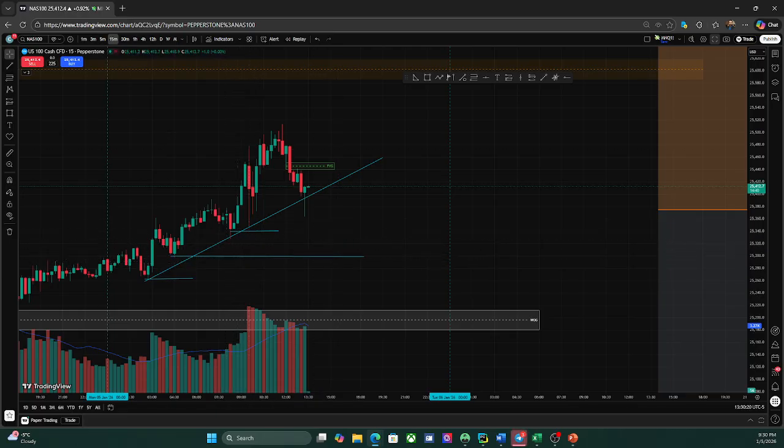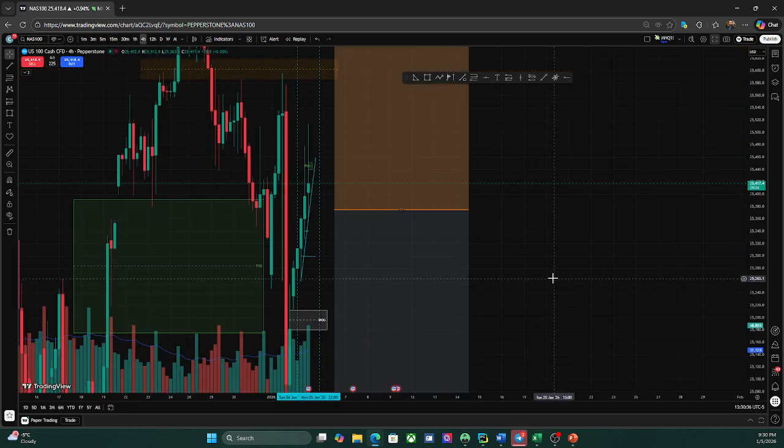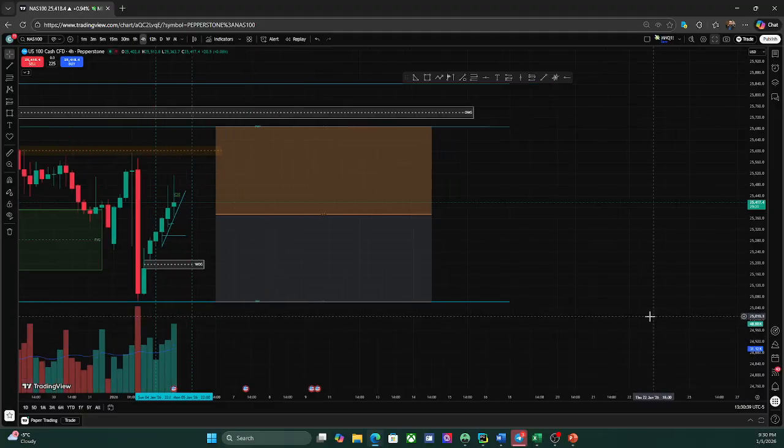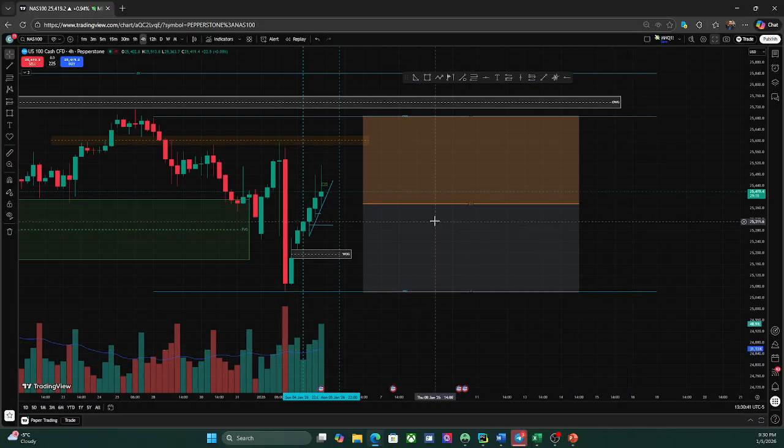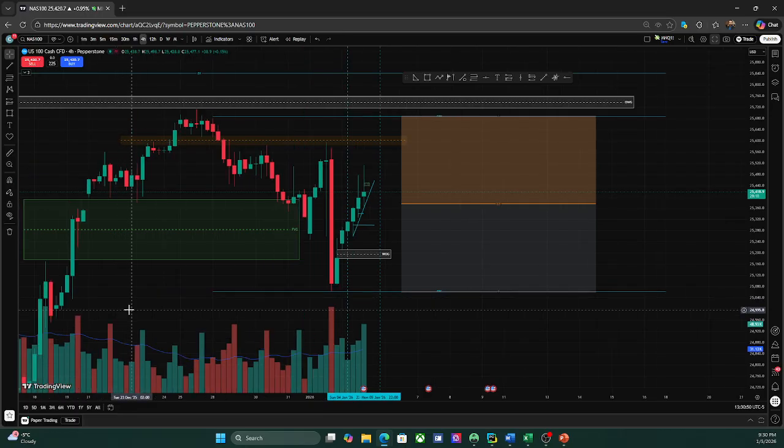So what we saw during this session: we saw the weekly range, we saw the daily and 4 hour BSs. Let's take a look again at the BSs. We talked about premium and discount. We talked about fair value gaps in the daily time frame and in the 4 hour time frame.